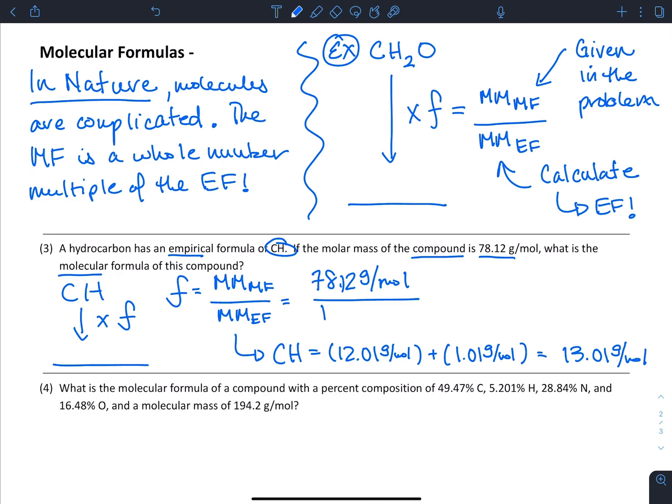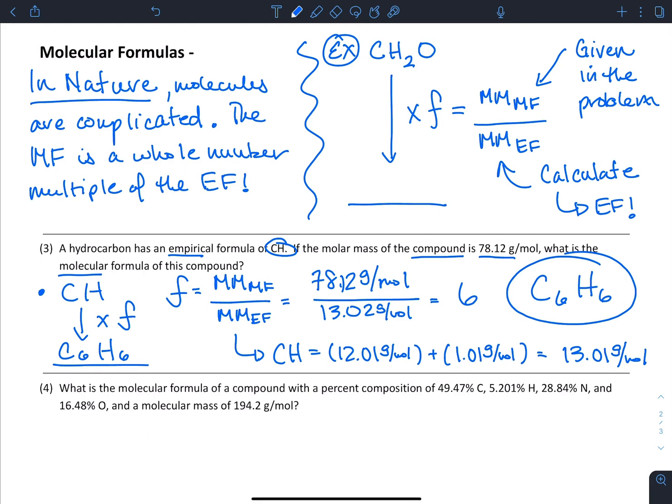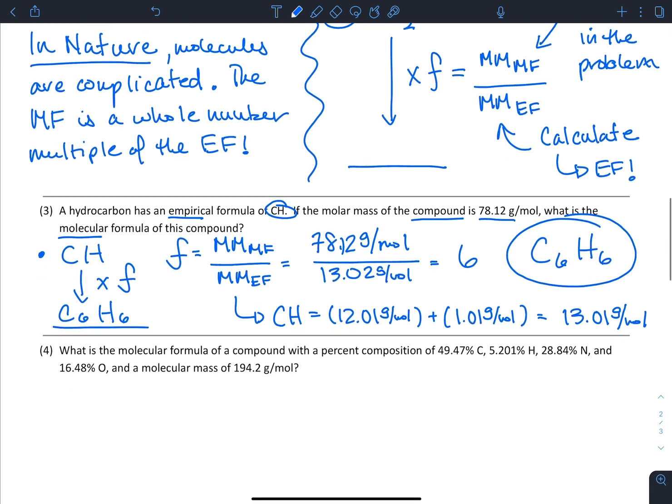So we divide 78.12 by 13.02 grams per mole, and we find that we have a whole number factor of 6. So we're going to need to multiply our empirical formula by 6, and we're going to get, whoops, sorry about that, C6H6. So our molecular formula is C6H6. Okay? That one's pretty simple.